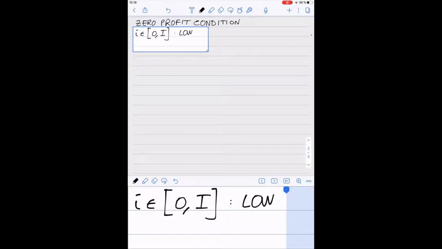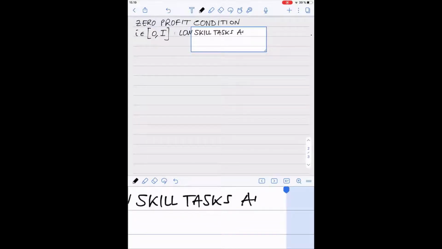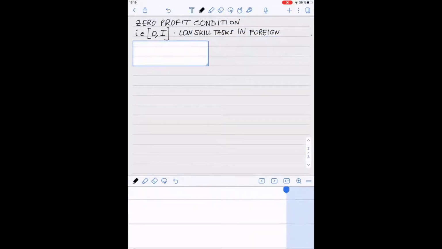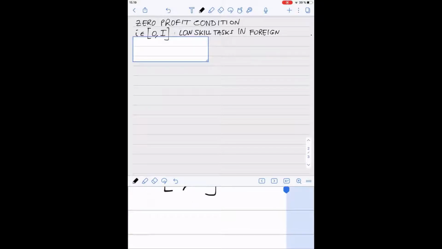So let's think about the zero profit condition. First of all, we know that for I in 0 to capital I, the borderline task, we have the low skill tasks produced abroad.